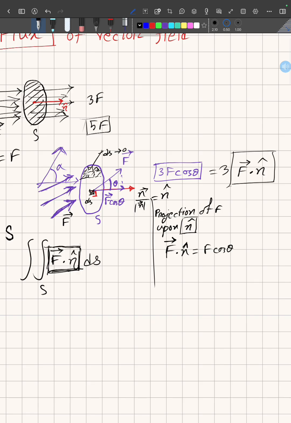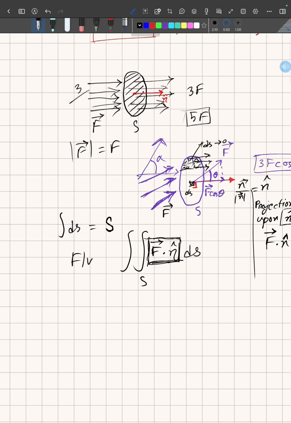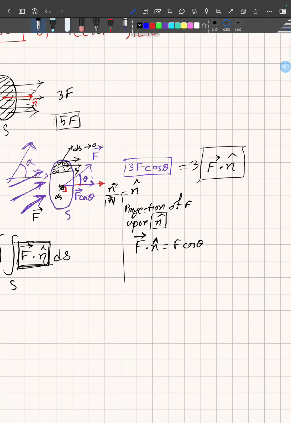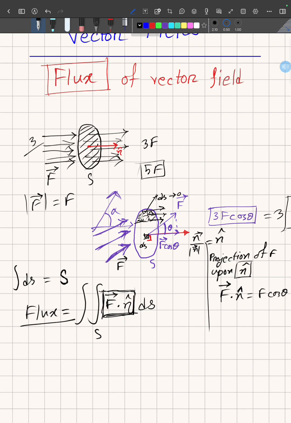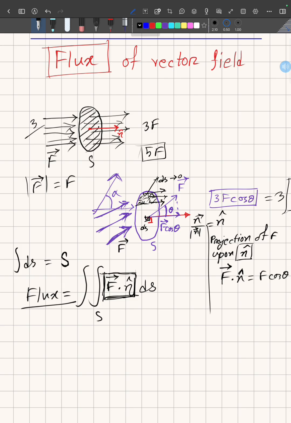With each ds there will be a projection. So if you integrate those, we will get the entire vector field passing through the entire surface, which in terms we can say is our flux, because we said all the vector fields passing perpendicularly through a surface, or in other words, in line with the normal of a surface, is called flux. So if we integrate these things, we will get flux.